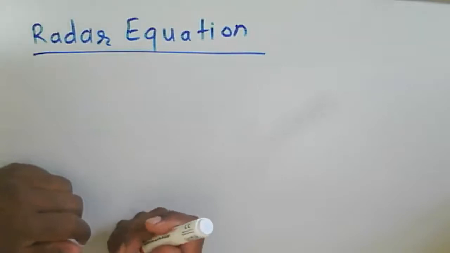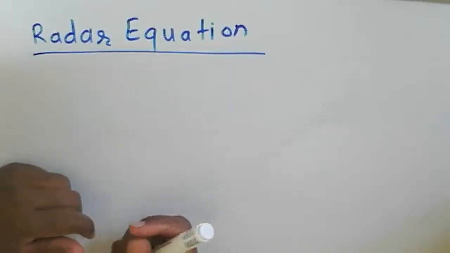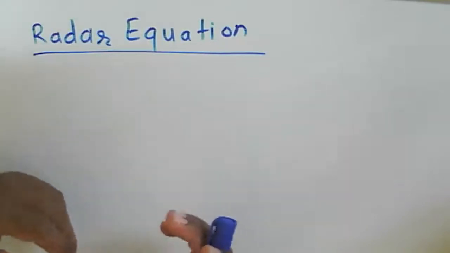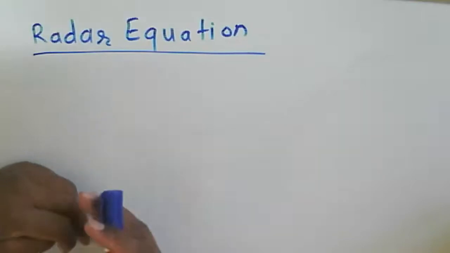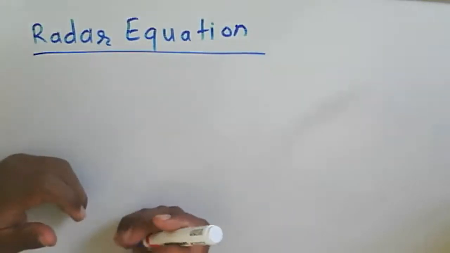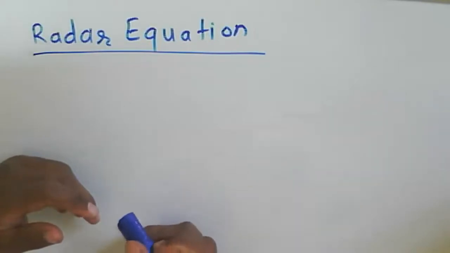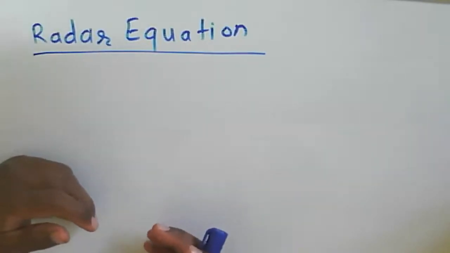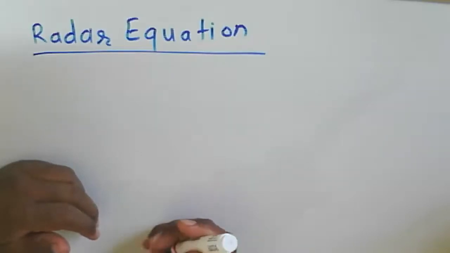Now we have seen in the last lecture what the range required will be, how much the maximum range and minimum range will be, and then for a given particular device, how to obtain the range. But there are some ambiguities in identifying what the range of the radar will be.